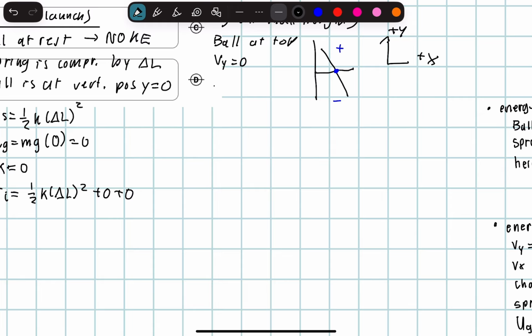We know the horizontal velocity vx is not equal to 0, because it's still in projectile motion, still going forward horizontally.